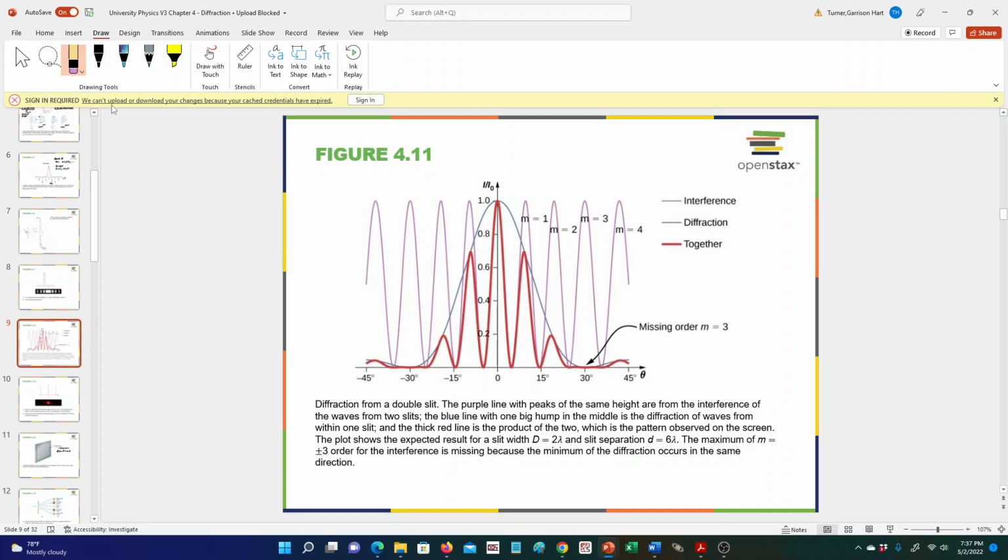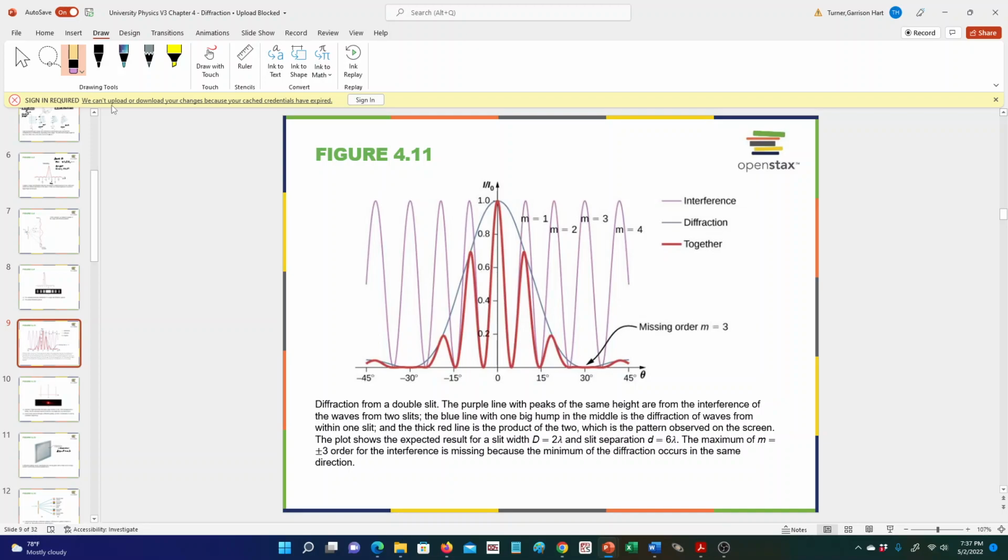And so you get a pattern that is the result of both the interference phenomena and the diffraction phenomena. So this is why the double slit interference behaves the way it actually does.